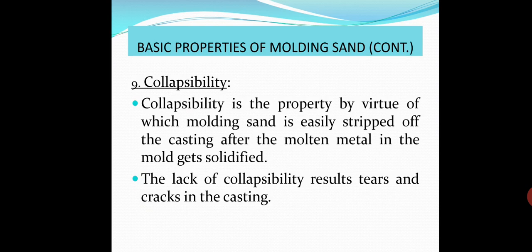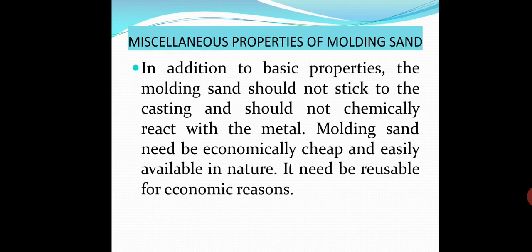It will not attach to the casting. The lack of collapsibility results in tears and cracks in the casting. If it cannot be stripped off properly, it will result in certain defects, tears and cracks in the casting.